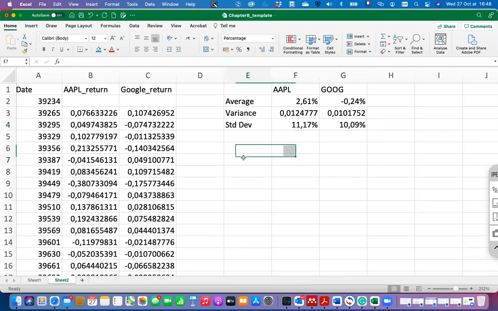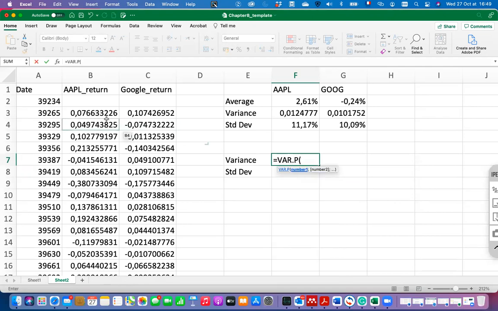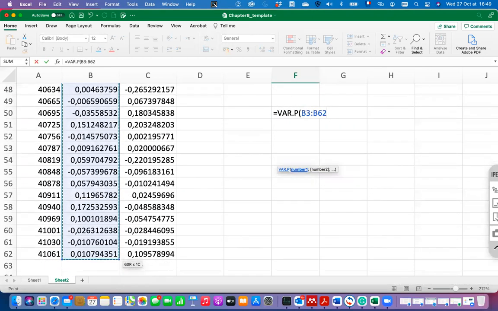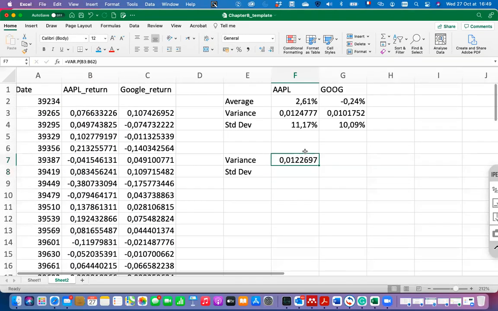Now, if I decide to use the population technique, as I told you, we keep the same average, but the difference is in the variance and the standard deviation. So the variance here is equal to, instead of S, I will put variance P, Apple returns. See, there is a slight difference between the Apple variance for the sample and the Apple variance for the population.